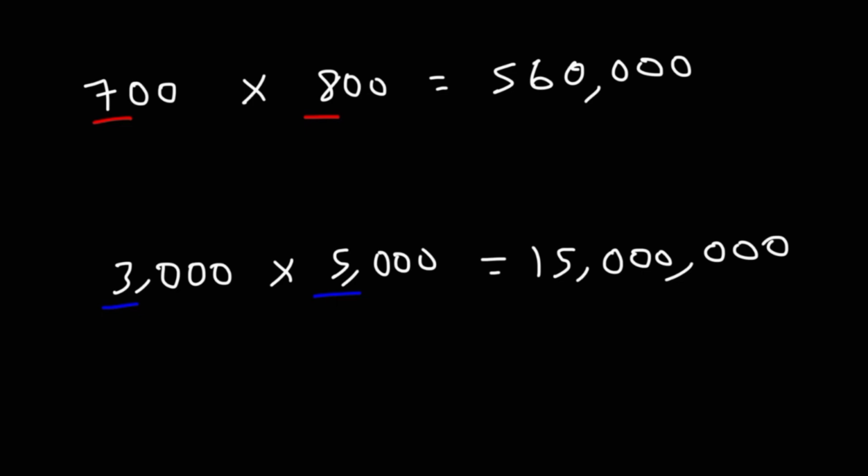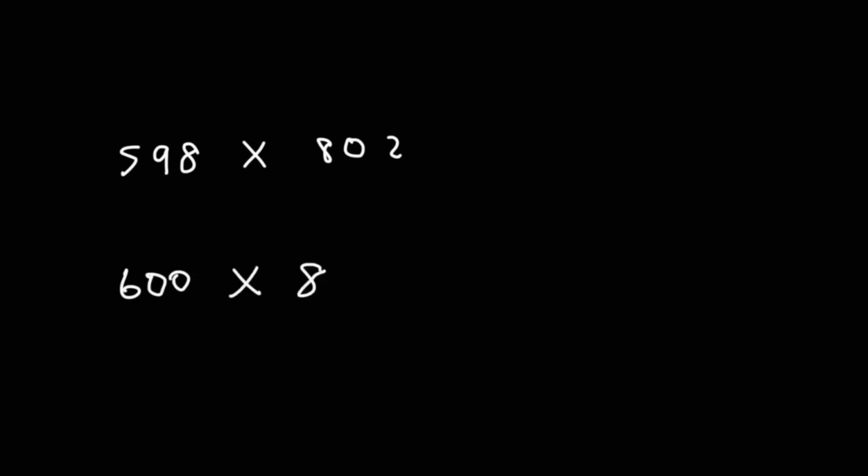So that's how you can multiply large numbers. Now, let's say, for instance, you want to multiply 598 by, let's say, 802. For something like this, if you want to get a quick estimate of what the answer is, you can round 598 to 600, and you can round 802 to 800.